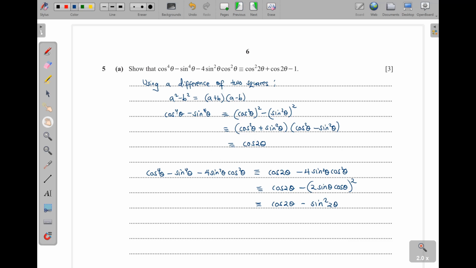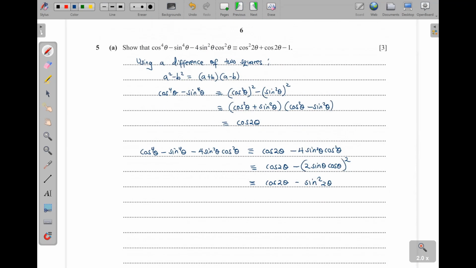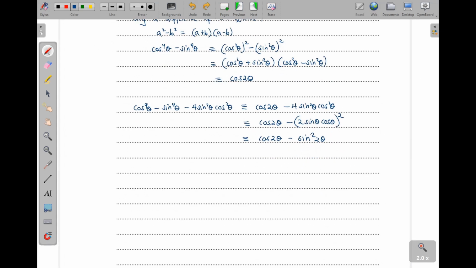You see that? Now, since what I'm doing here, I have cos 2 theta. I don't have any sine 2 theta. I'm going to use the Pythagorean identity of trigonometry. So cos 2 theta minus, this is 1 minus cos squared 2 theta. Okay?